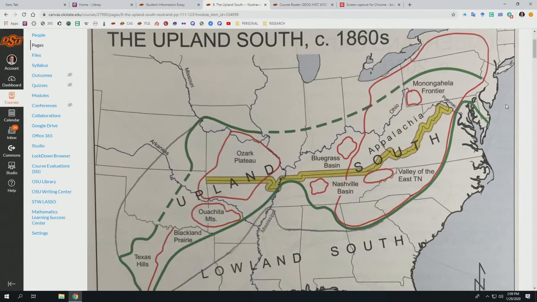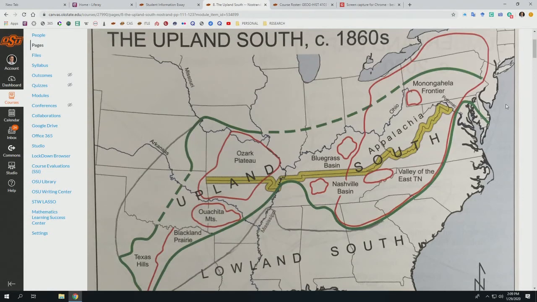Now, a little farther south in the Nashville Basin, so what happens? You have the transformation of those crops, and eventually the crop that became very attractive in the bluegrass basin is the fact that it was good grazing.